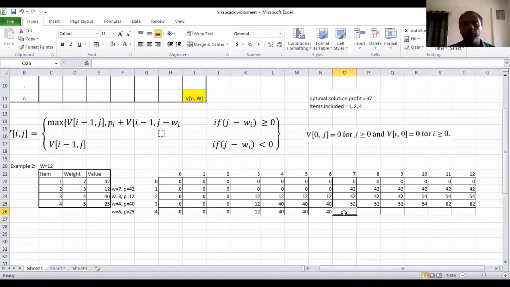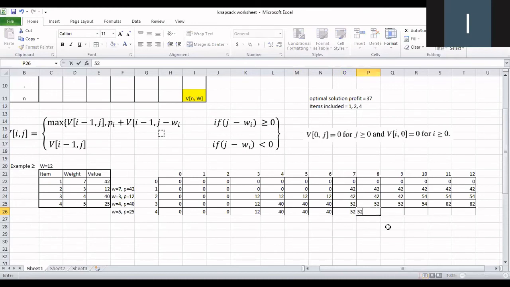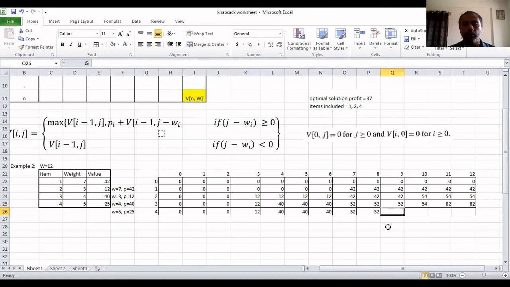We can accommodate, but the previous profit is 52, then the current item's is 25 plus 7 minus 2, that is 0. So 52 remains. Next one, 52. Same. Next one, we have capacity 9.